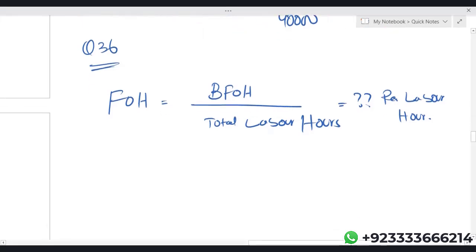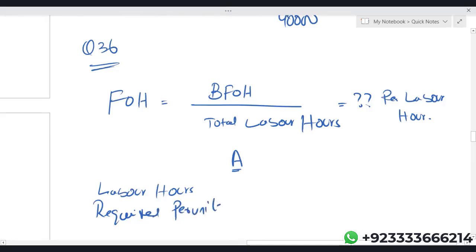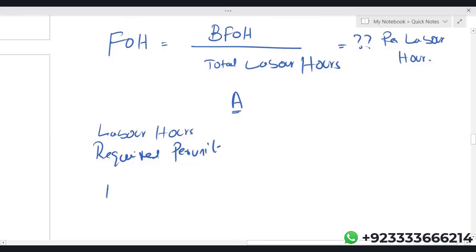Then obviously for product A, labor hours required per unit, multiplied by FOH rate per labor hour.